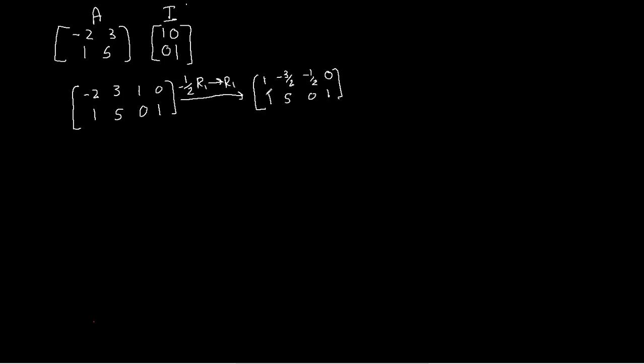The next thing we want to do is make this 1 here into a 0. To do that, we just add a negative version of row 1. So this is going to be -R1 plus R2 going into R2. We're not doing anything to the top row, so it stays unchanged.